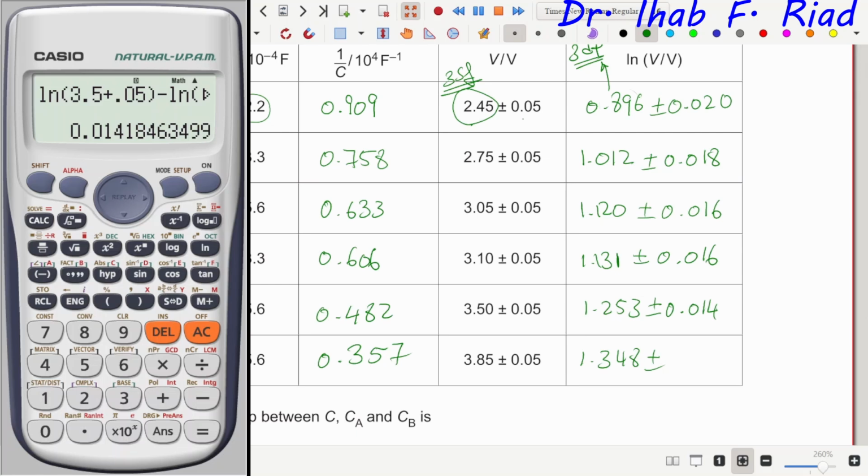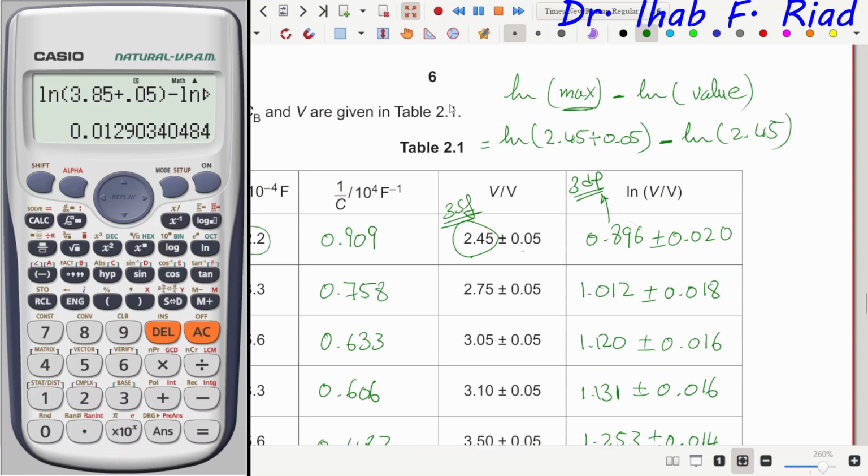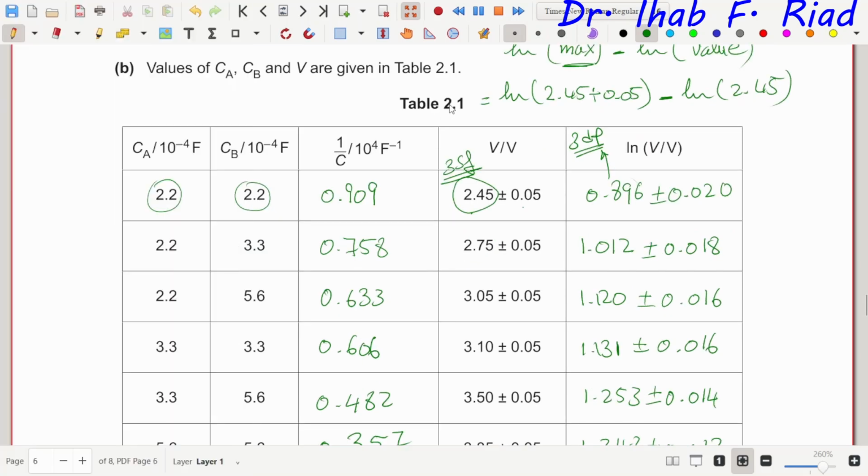Okay, the last one is ln of 3.85 plus 0.05 minus ln of 3.85, which is 0.013. So always remember how we calculate the absolute uncertainty in a ln function or a log function.